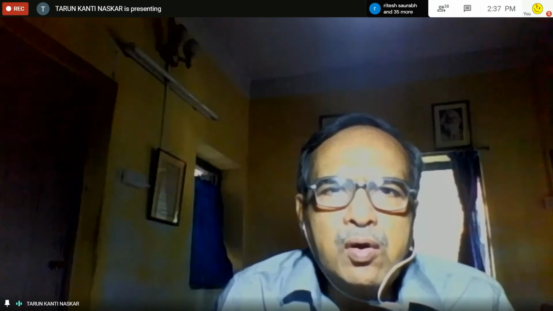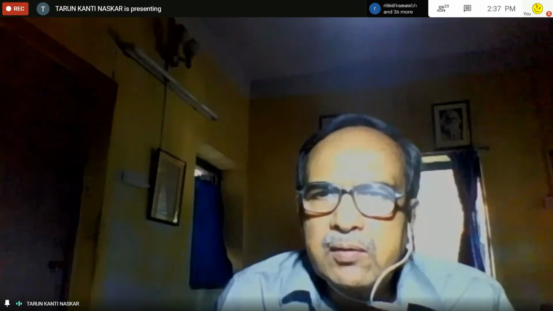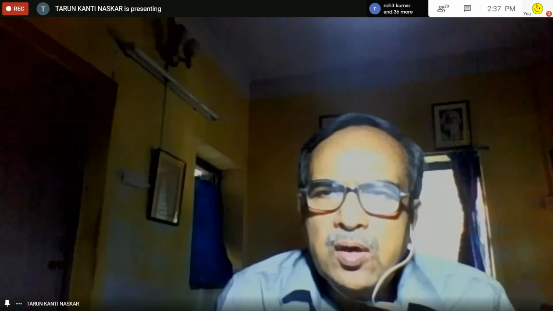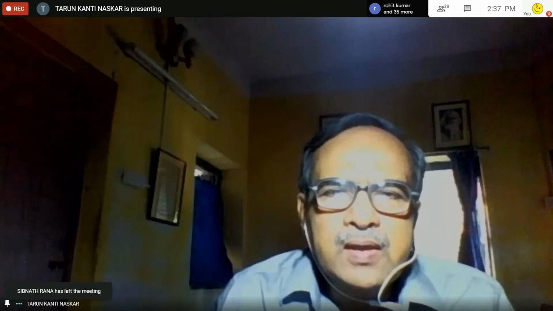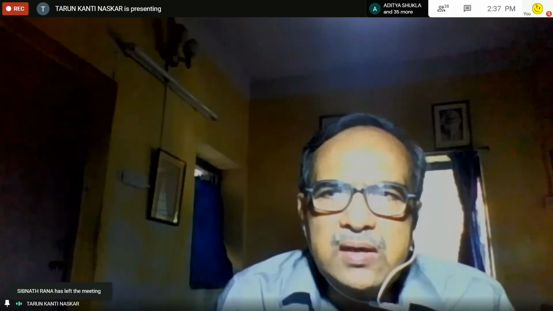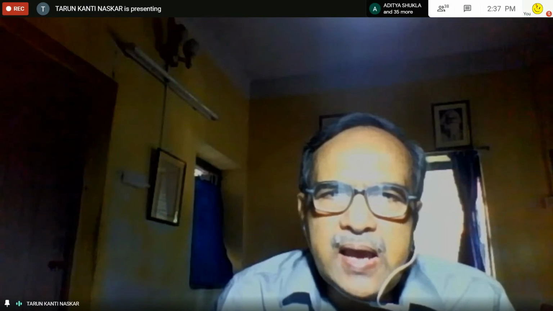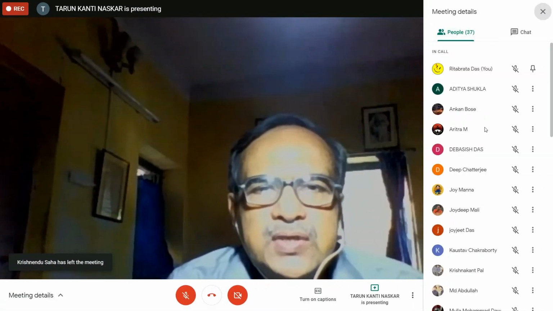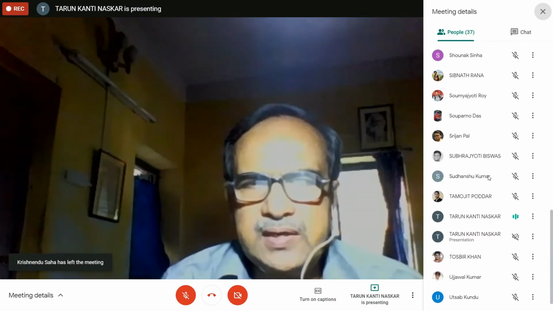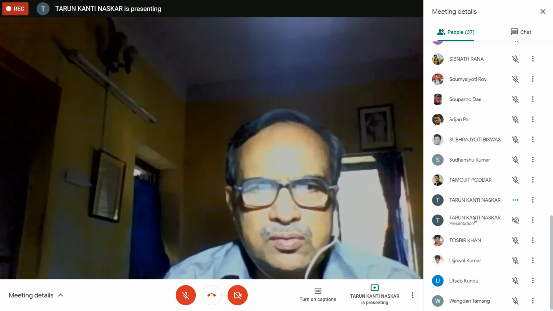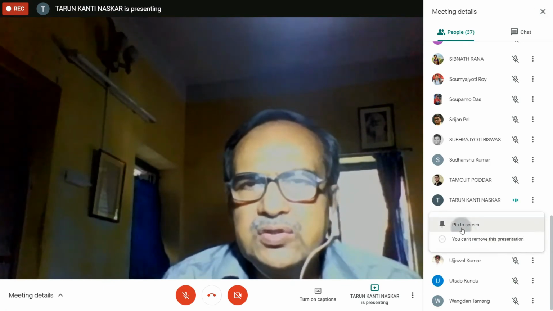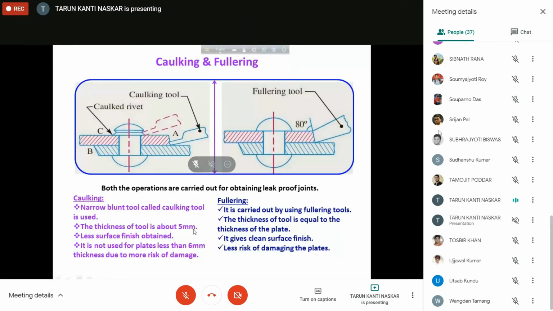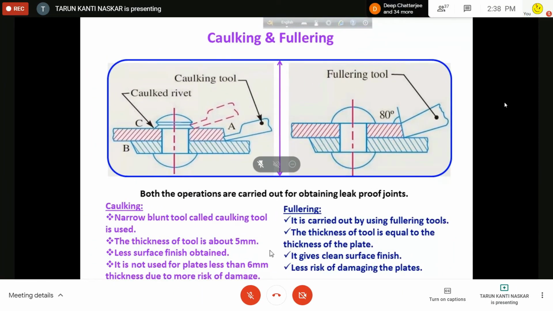One is called caulking and another one is called fullering. Whatever may be the name, the simple thing is there are two tools and they are hammered so that the two faces just stick to each other. So this is caulking and this is fullering. We have discussed these two methods in the last class.